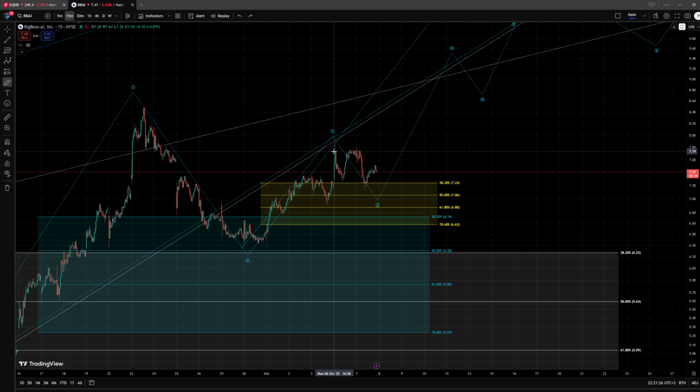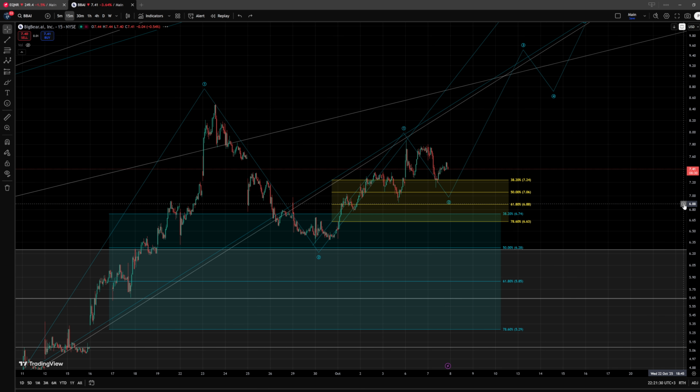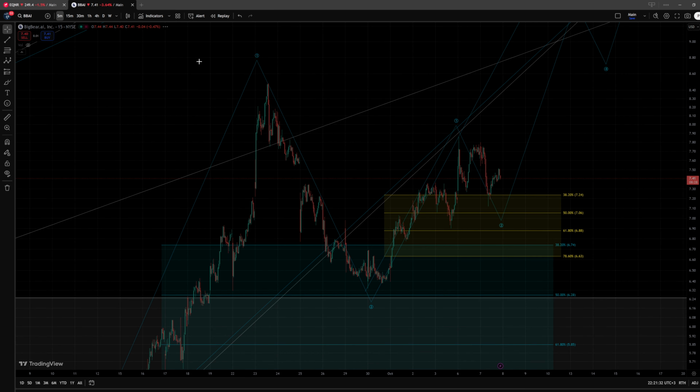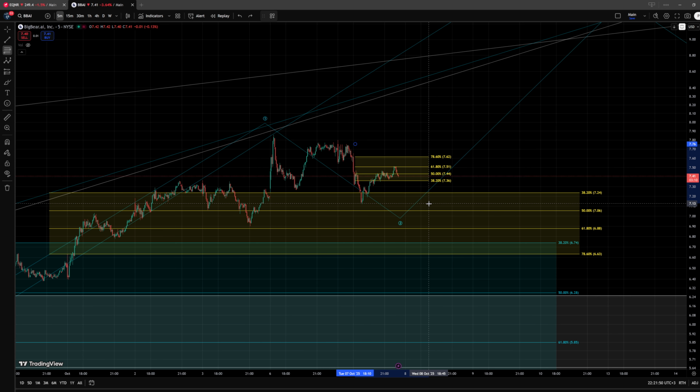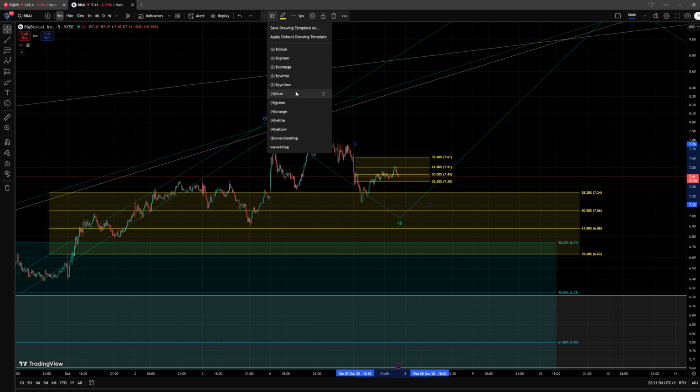Now, so far we do have a 3-wave structure to the downside. It does look pretty reliable. I might add that here in the very micro time frame, we would normally be looking at a wave C, where this is a 1, this is a 2, a third wave down, and then I would like another fourth, fifth, but I believe we broke above the resistance for a wave 4, which would normally only extend to the 50% retracement in this case.